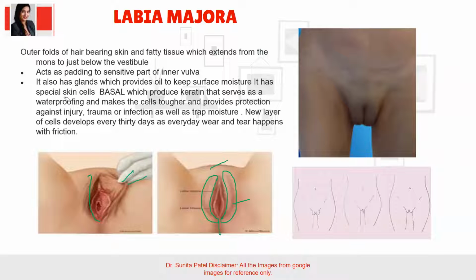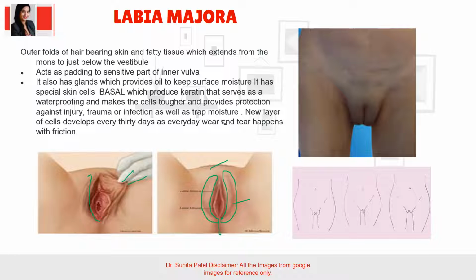The special skin cells, basal cells, produce keratin that serves as waterproofing and makes the cells tougher. Waterproofing means whatever moisture is coming from the area will keep staying inside. So we will have lubrication, and it makes our cells tougher, and it provides protection against injury, trauma, infection, and it traps moisture, whatever moisture is given by the glands.